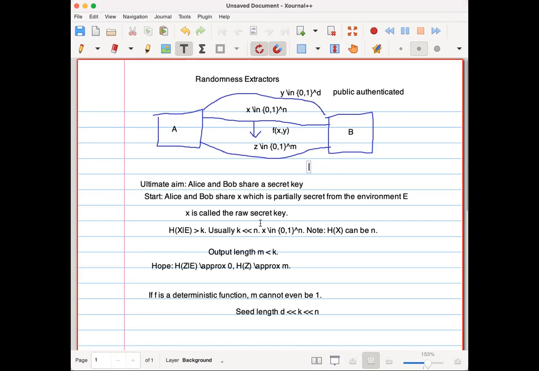But remember, the environment now also contains a copy of y. So the hope is that H of Z given Y, E is nearly 0, and the same H of Z is nearly m.